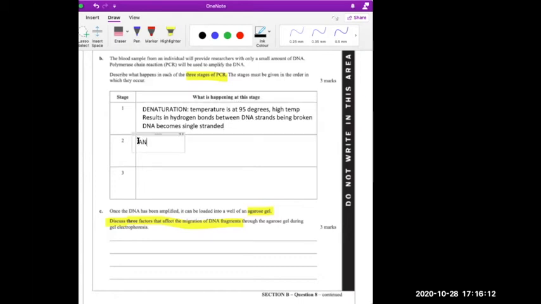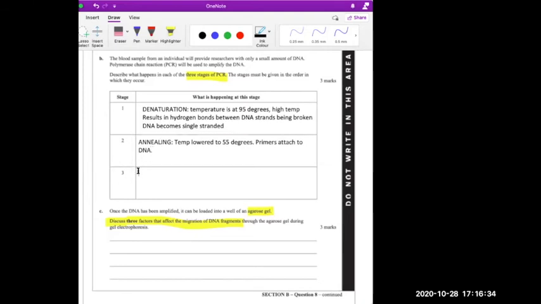Then your next step is called annealing. So then temp lowered to 55 degrees, primers attach to DNA. Yeah, primers attached to DNA. That's really all there is to annealing.